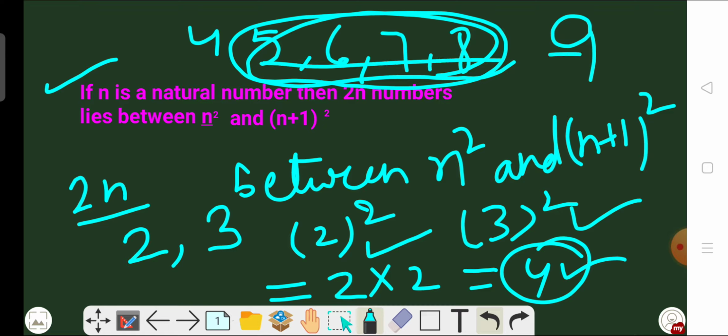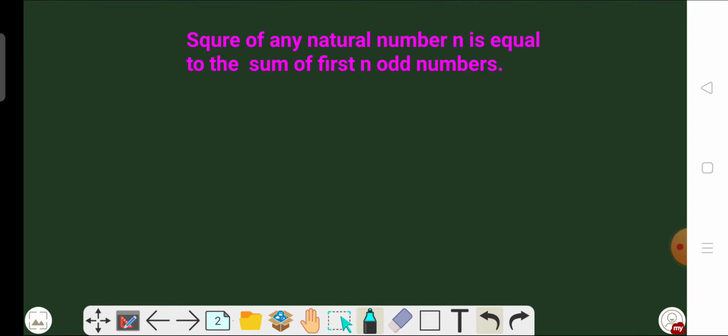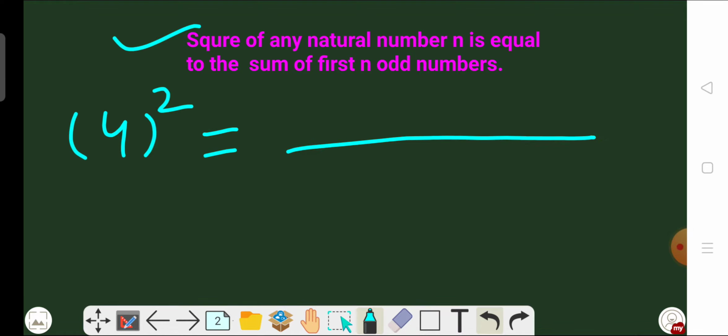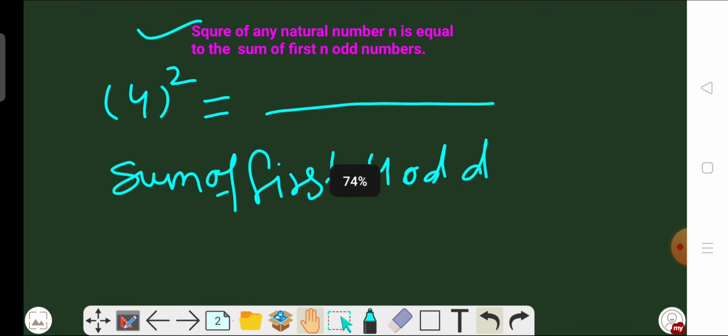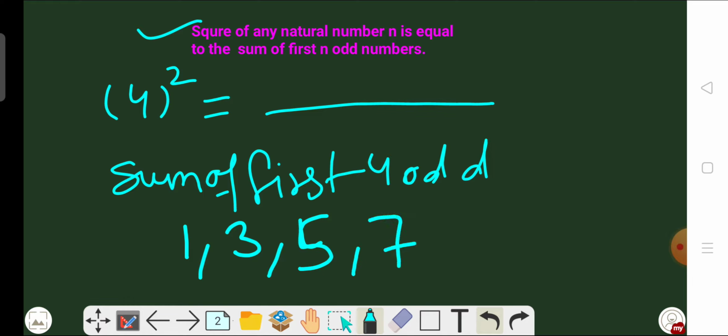Now move on to the next property. Square of any natural number n is equal to the sum of the first n odd numbers. Look at the example, beta. If you have to write the square of a number like 4, then you have to write this as the sum of the first 4 odd numbers, and you know that the first 4 odd numbers are 1, 3, 5 and 7.